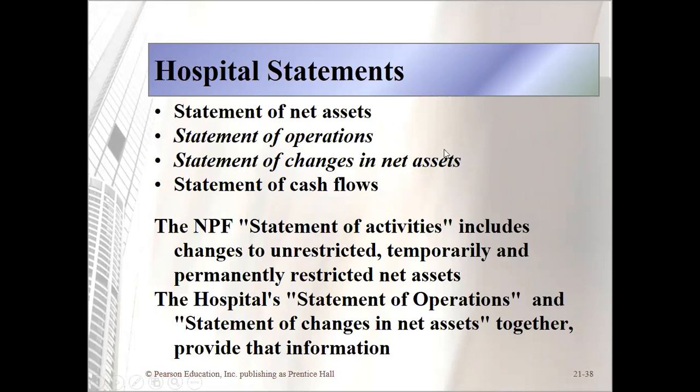So separate items, changes in net assets, which would be the counterpart of the statement of changes in equity. Then, of course, plus the statement of net assets, right? Then the statement of cash flows. Then also the notes to financial statements. Okay. The changes in net assets would show the changes in unrestricted, temporarily restricted, and permanently restricted.